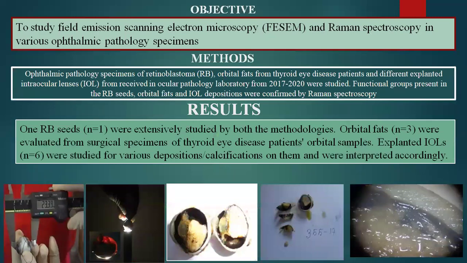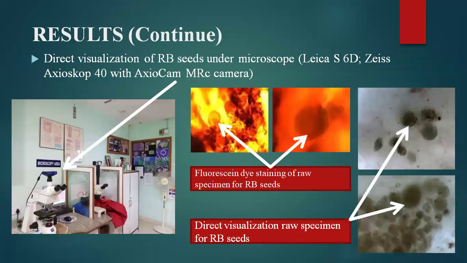Other things we have studied are IOL specimens with micro vacuolation and cystic formation that we have seen, and they are correlated in a hydrophobic intraocular lens. And 3 cases of fat cells from thyroid disease we saw. This is the fluorescein staining in raw specimen and direct visualization.